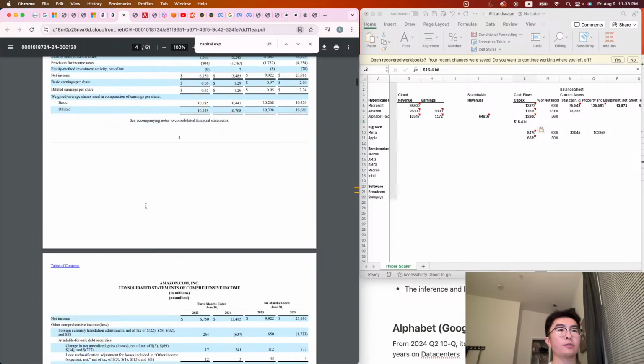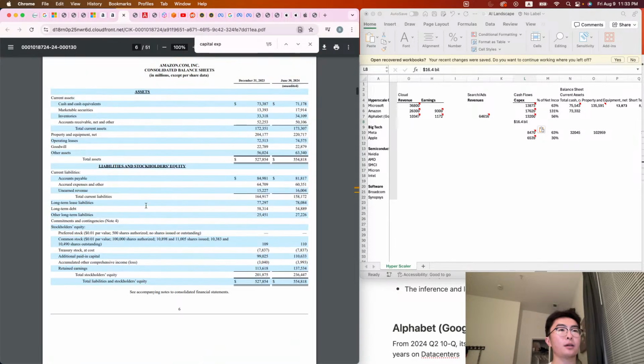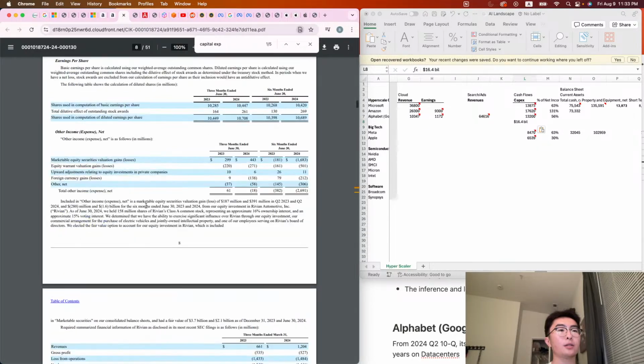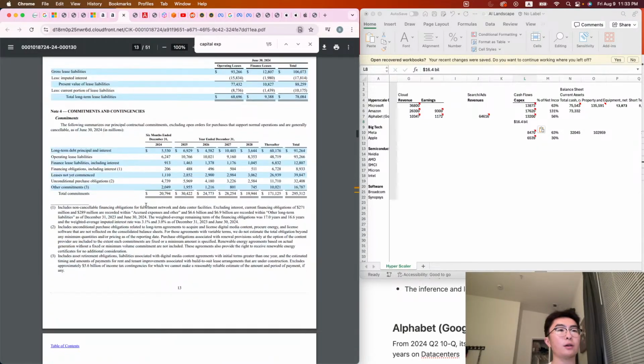Trying to find the cash flow statement so I can see the capex with my own eyes. Though it's not cash.